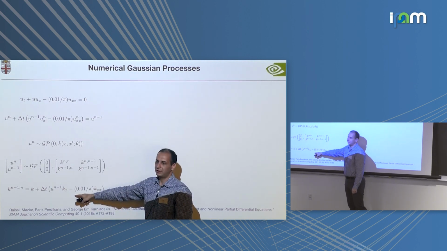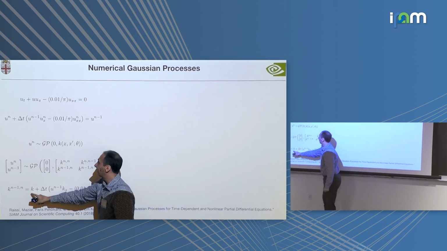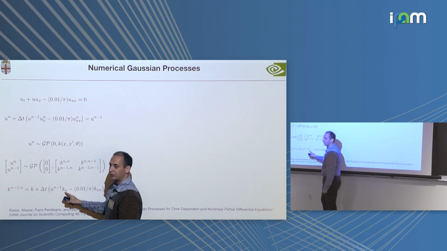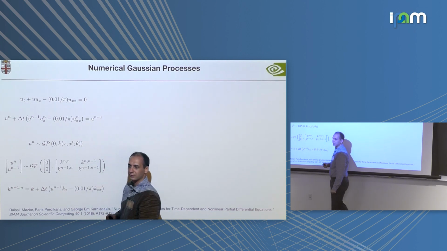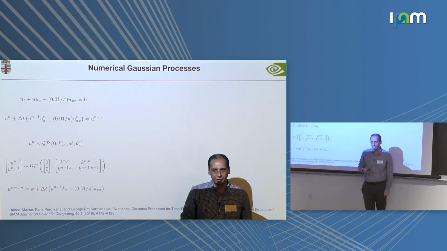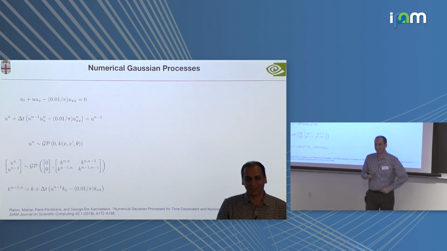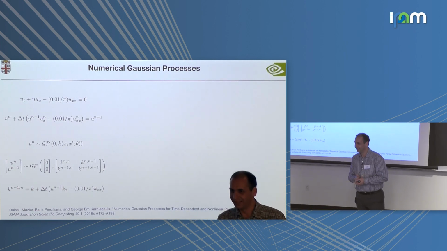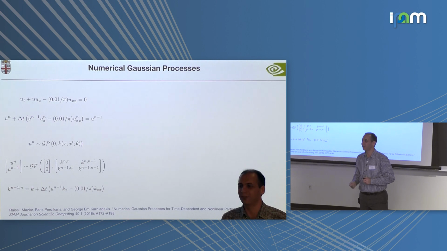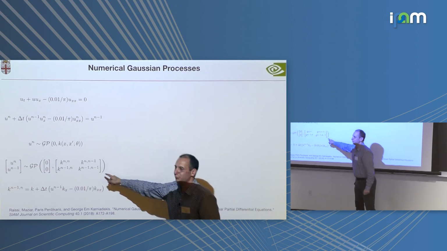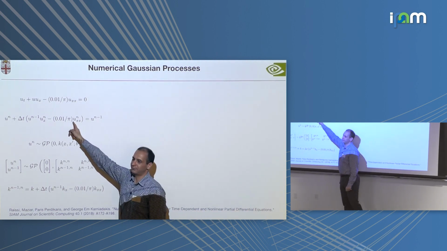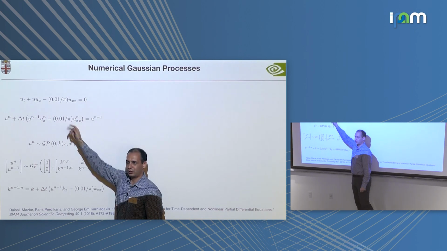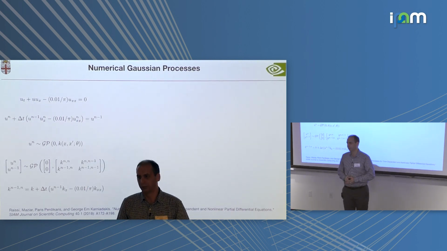Our equation is inside the kernel. k plus delta t, u^{n-1}, k_x, coefficient k_xx. So this is cool. Now, any sample that you generate at random from this distribution is going to satisfy this equation by construction.